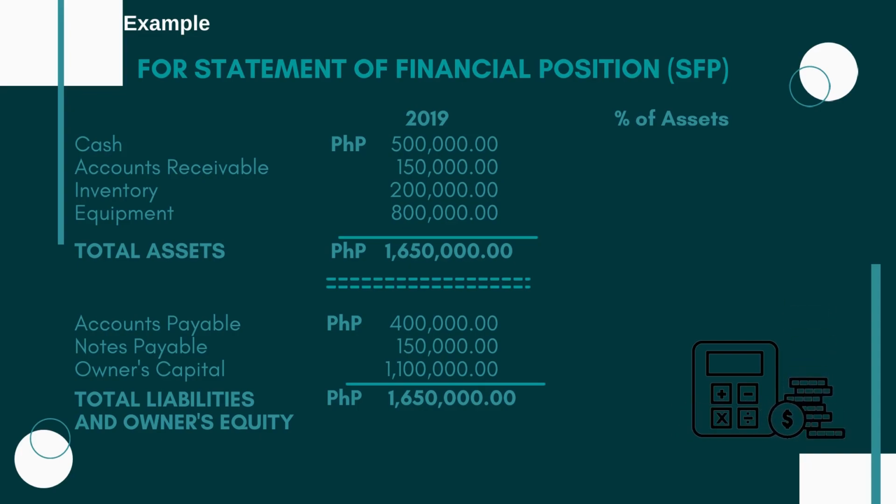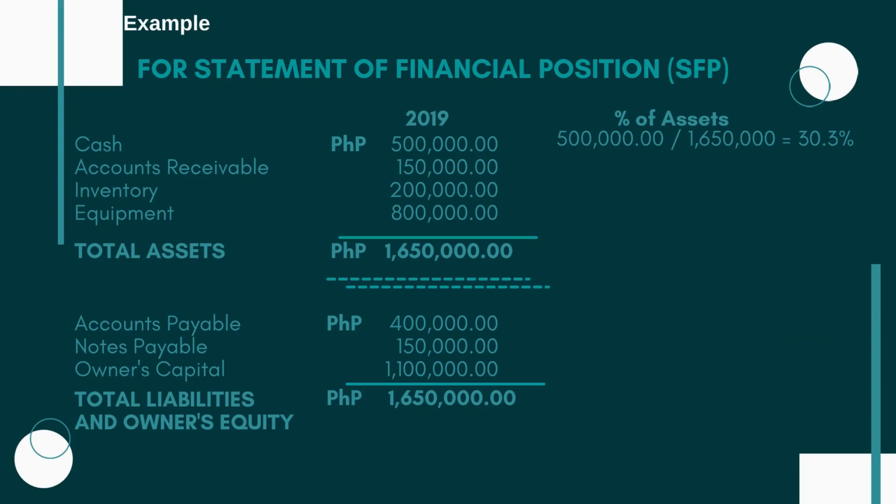And we have accounts payable equal to 400,000. Notes payable, we have 150,000. Owner's capital, we have 1,100,000. And total liabilities and owner's equity, we have 1,650,000.